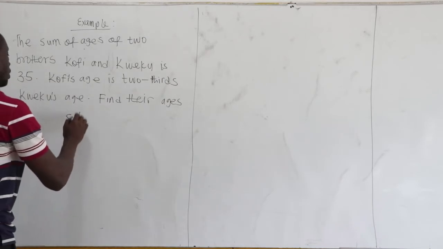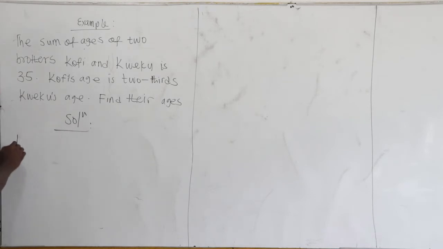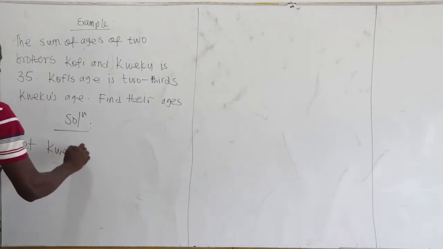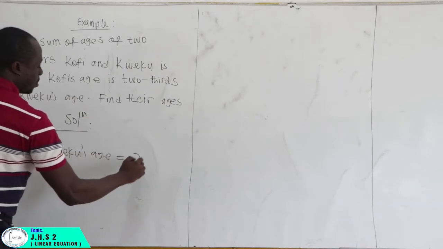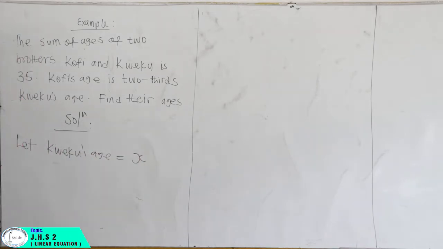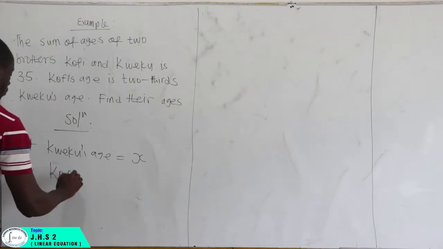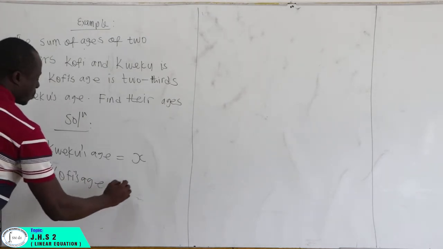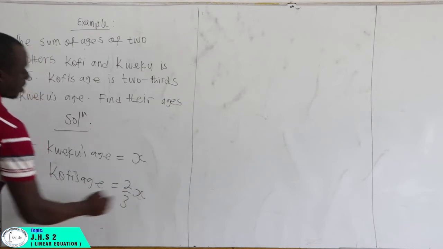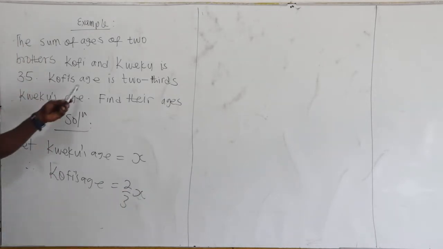We don't know, so you can say that let Kweku's age be equal to x. Therefore, Kofi's age, that's 2 over 3x. Why? We are being told that Kofi's age is 2/3 Kweku's age.